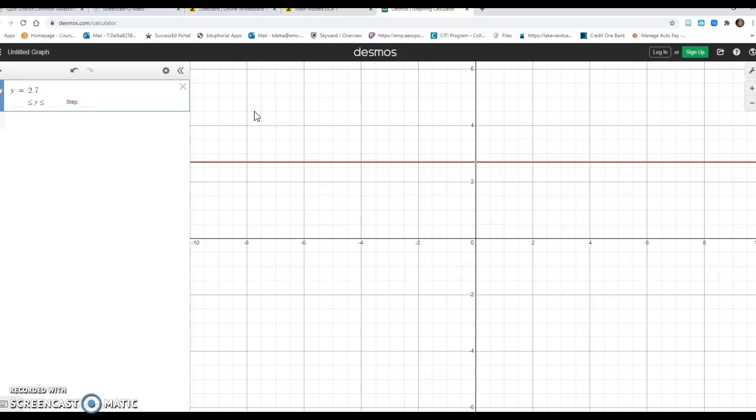Nope, hold on. Where is the button to do that? This is not going to give it to me, is it? Nope. Okay, give me a second, guys, because there is a setting on here that allows me to put that in.